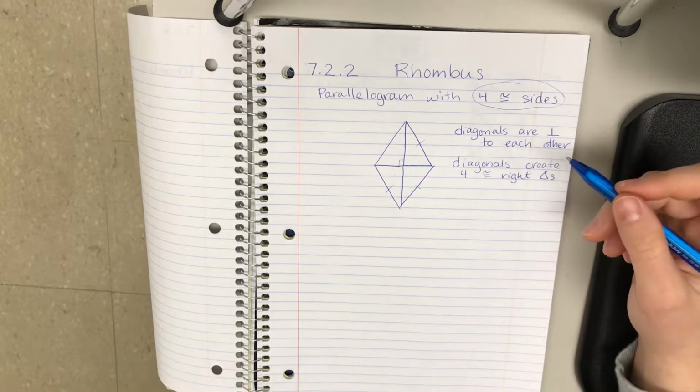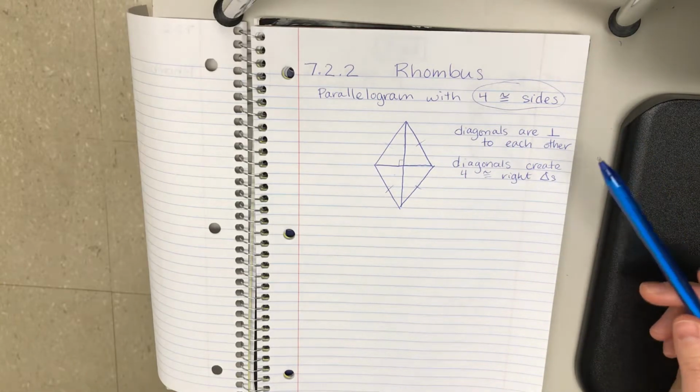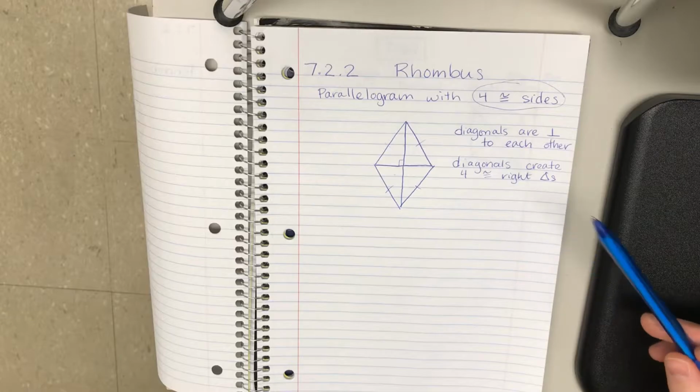Now, at some point in time, we can't just assume that this is true because Mrs. Miller is telling me it's true. We have to prove some of this stuff.